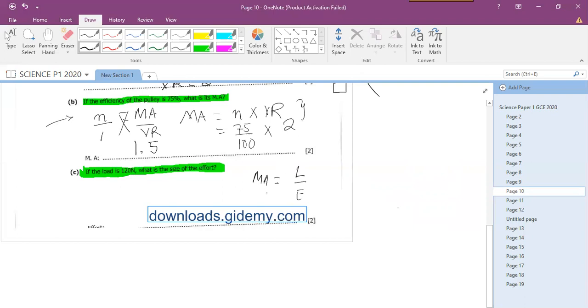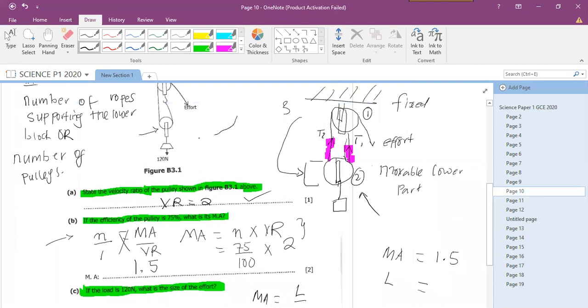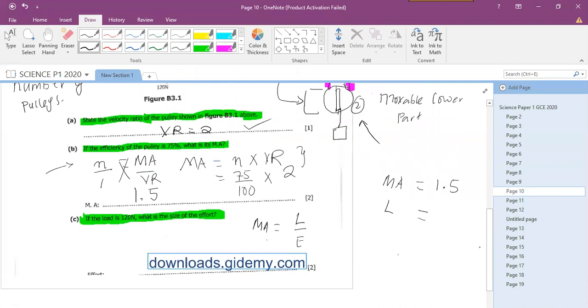Now that we have got two parameters here, we have the mechanical advantage that we just calculated, which is 1.5. The load we've been given in the diagram, the load is 120 newtons. So we'll say the load is 120.